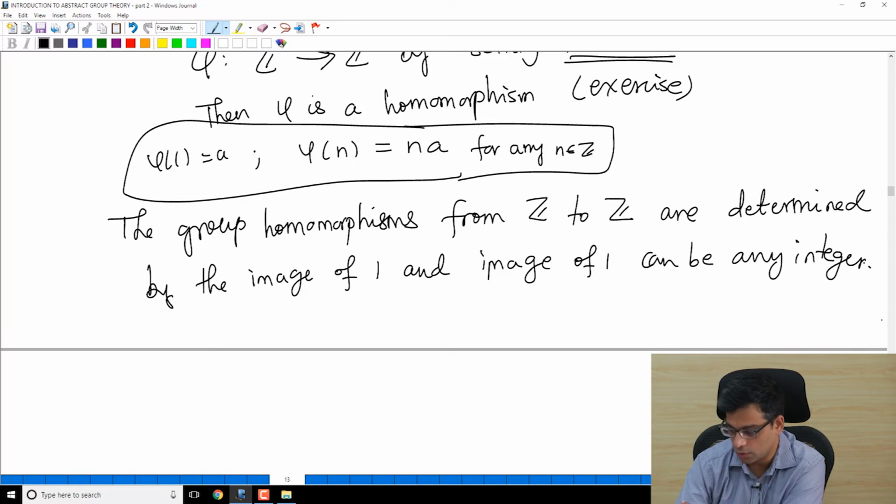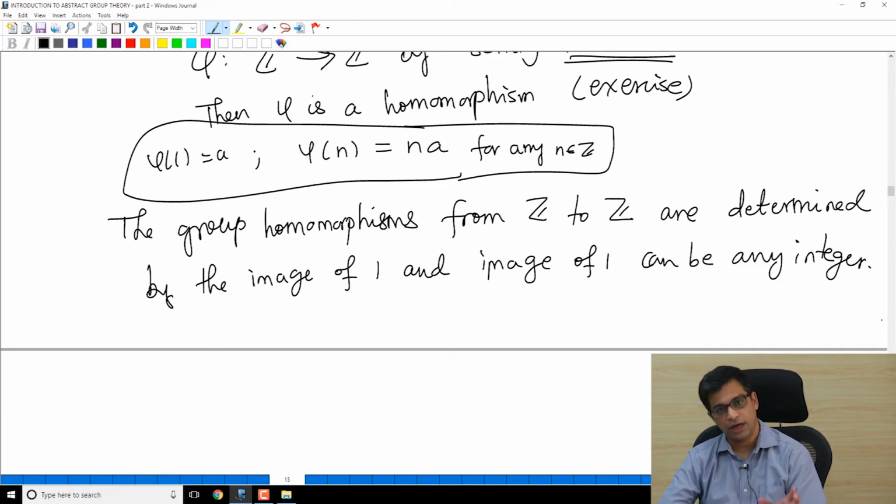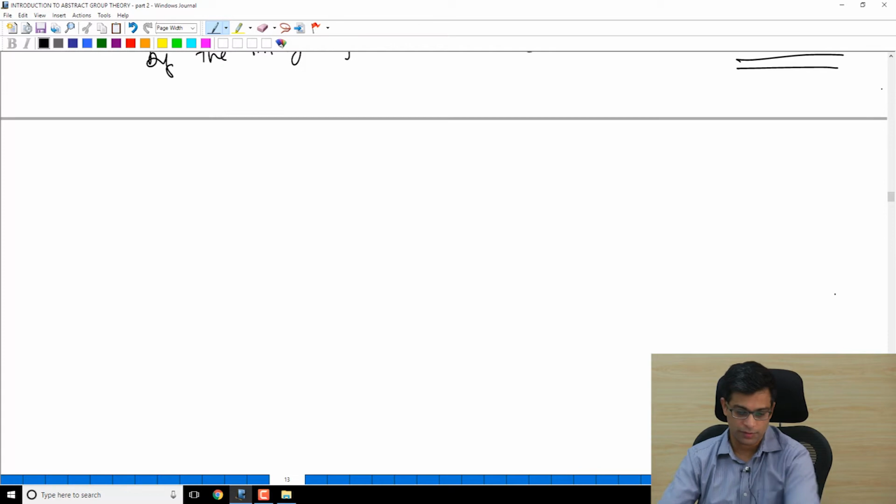So this is the answer to the question. The group homomorphisms from Z to Z are determined by the image of 1, and the image of 1 can be any integer. So group homomorphisms from Z to Z are determined by integers again. So they are determined by Z again. That is the solution to this problem.